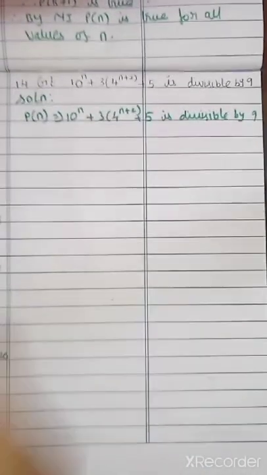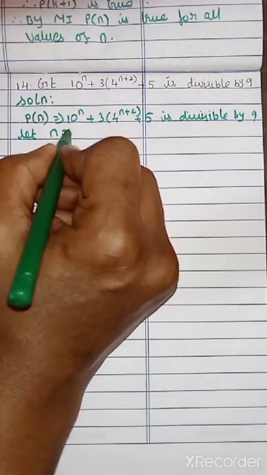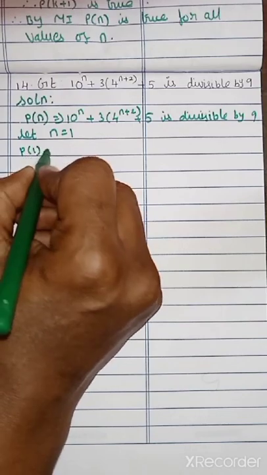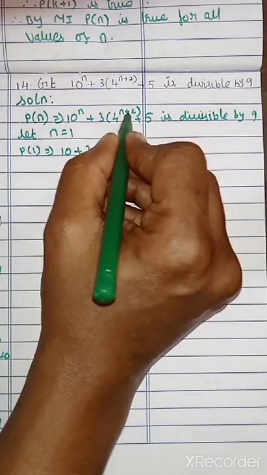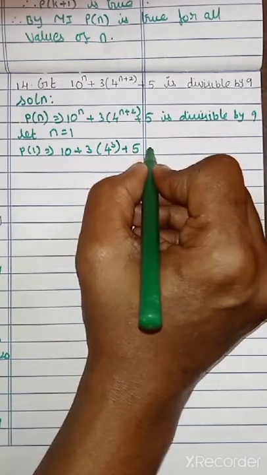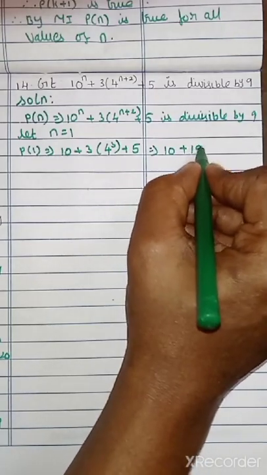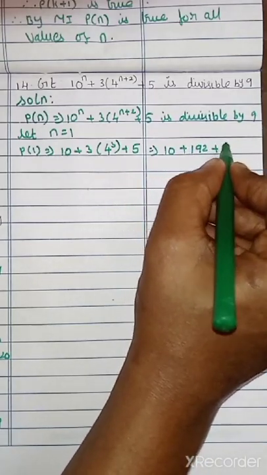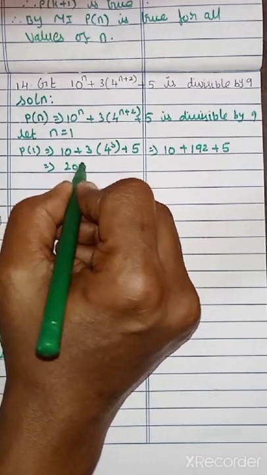We have to take n equal to 1. So let n equal to 1. So P of 1 implies 10 plus 3 into 4 power 3 plus 5. Correct? That is 10 plus 192 plus 5, that is 207.